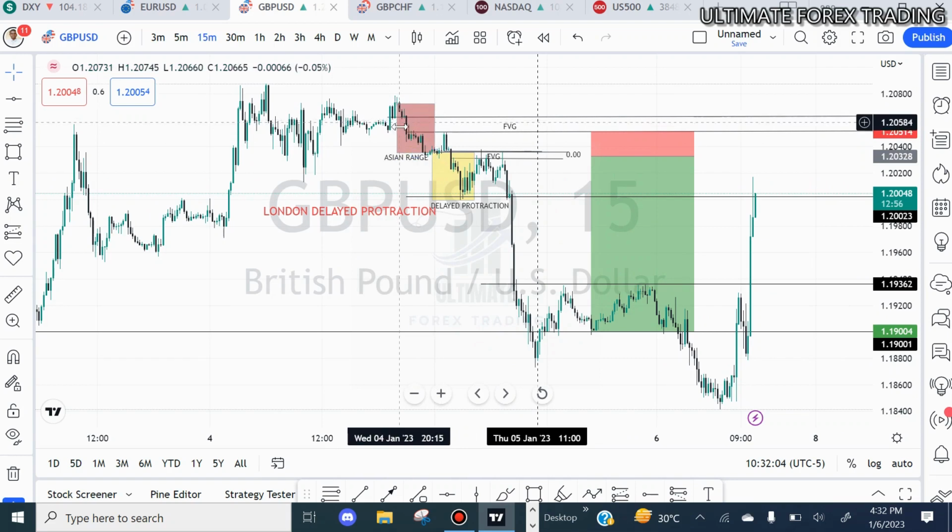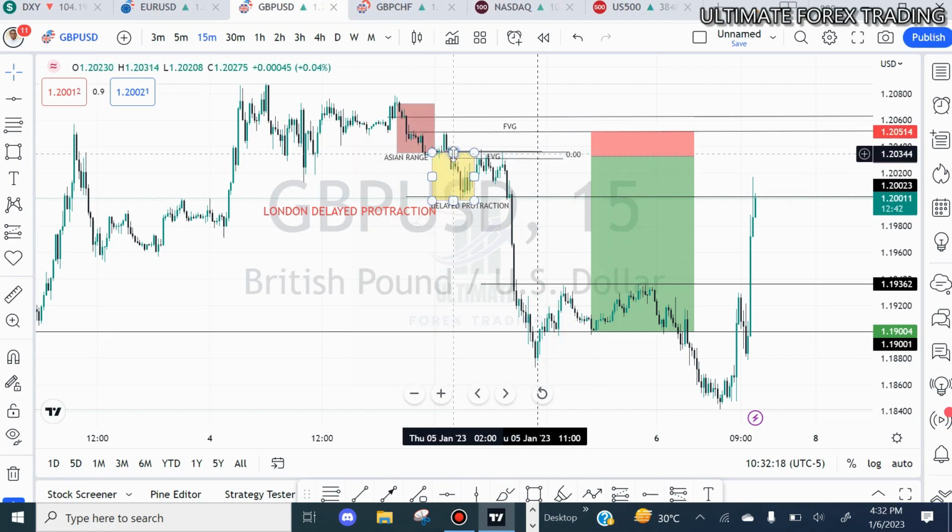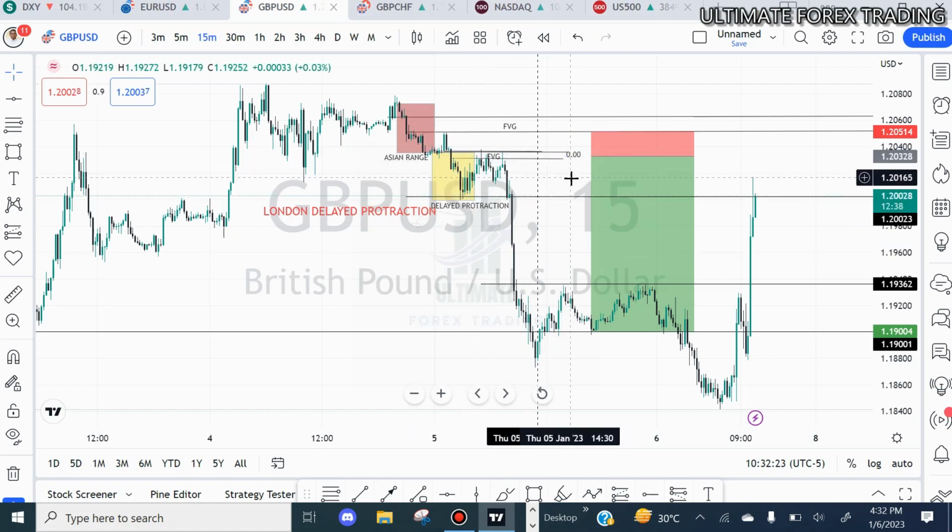Price has been ranging during the Asian session to 12 midnight, and past 12 midnight price has been ranging. Then we now saw a little upward movement, and then break in this short-term low.